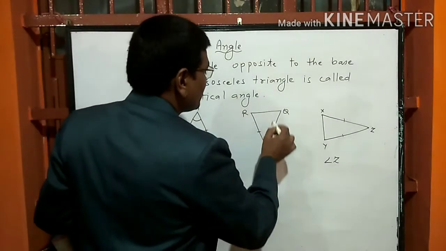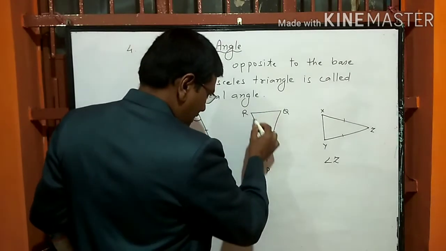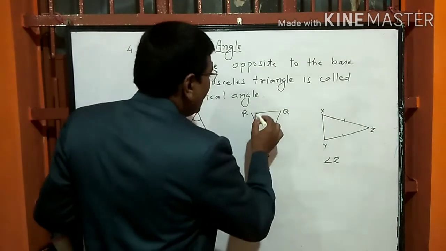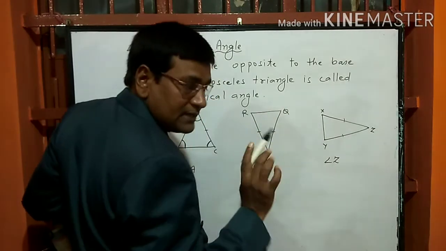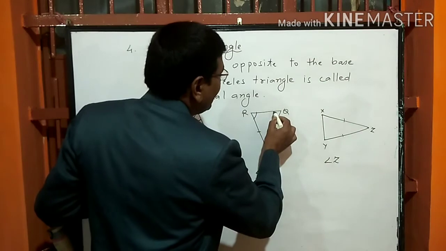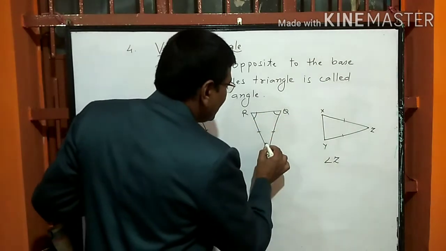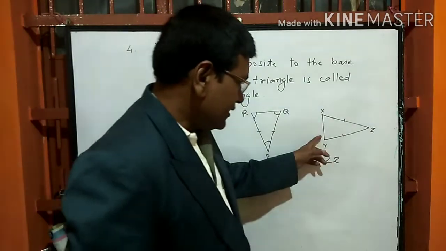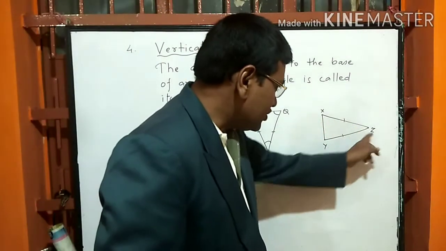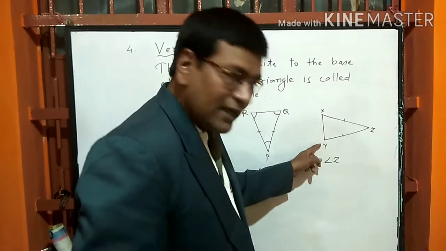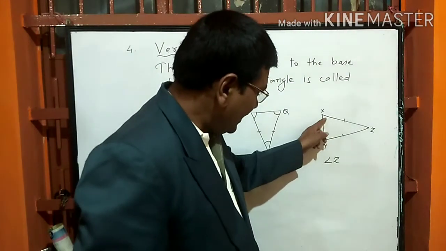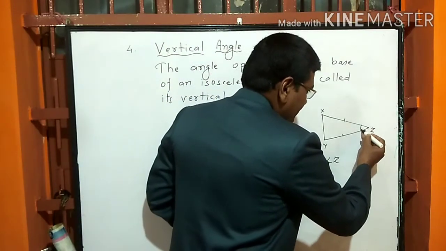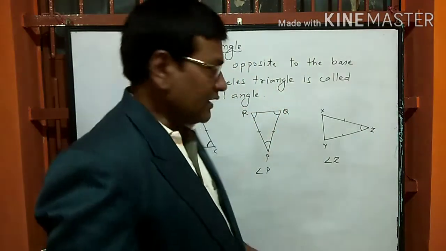In this figure PQR, RP and QP are equal, side RQ is base, angle R and angle Q are base angles. The remaining angle P is called vertical angle. In this triangle XYZ, XY is the base, angle X and angle Y are base angles, and angle Z is vertical angle.